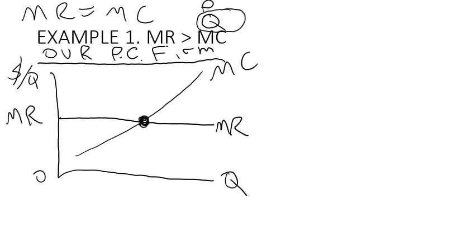Why? Because at this point here, MR equals MC. At this point, marginal revenue equals marginal cost. To use the economic jargon, the last unit produced brought about the same identical contribution to TC and TR.